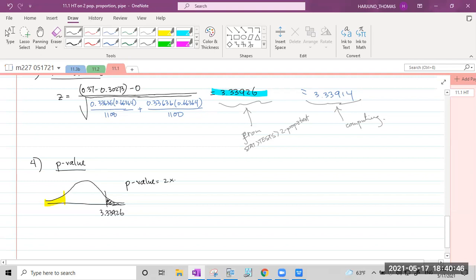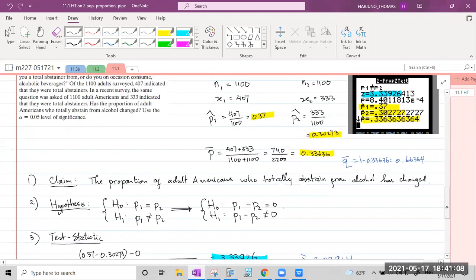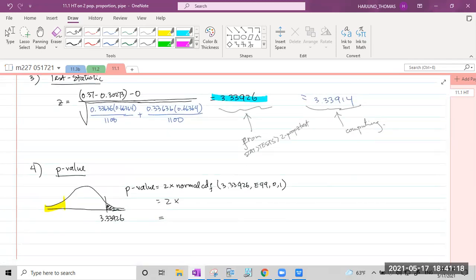Two times normal CDF, 3.33926 E99. That's 2 times something, but from my calculator earlier, the t-stats, we find out the p will be the 4th decimal place is 8. So this will be 0.00084.